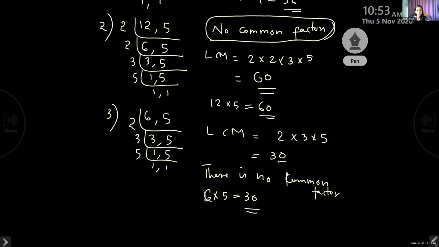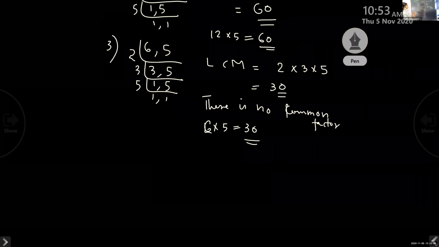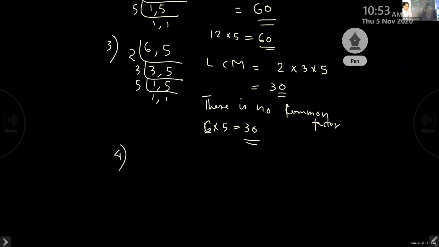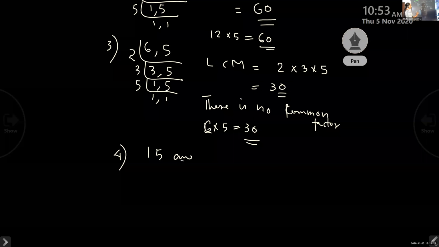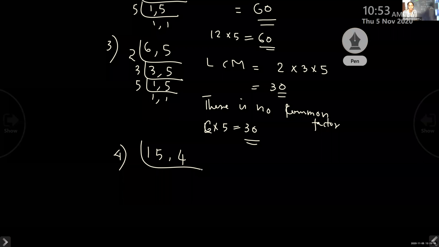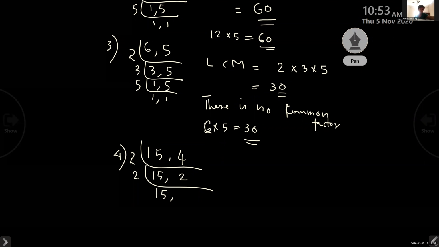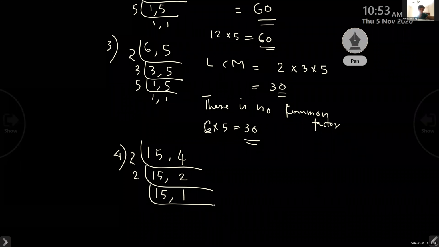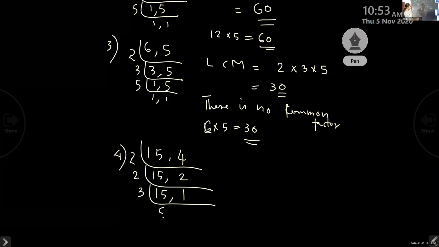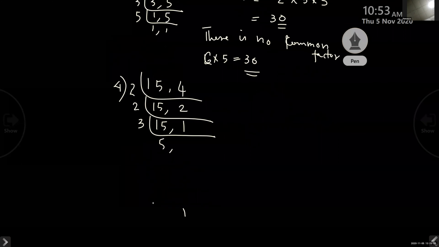And the fourth question is 15 and 4. Check whether you have any common factor in 15 and 4. No, ma'am. So what will be the LCM? 60. Right. So we'll do the steps and check whether we get that number. 15, 4. 3 with the 5 and 1. 5 and 1.